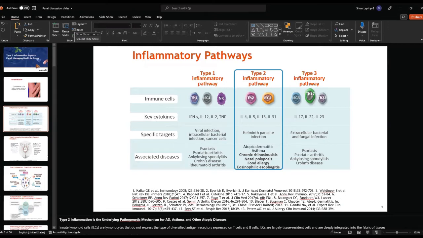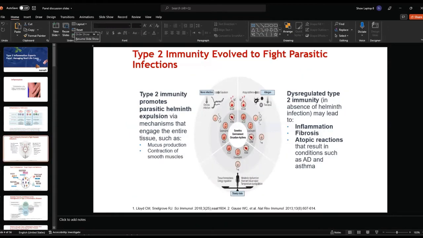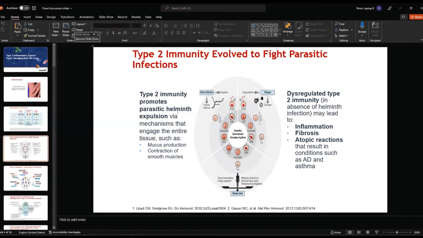Now, type 2 inflammation actually was developed to fight parasitic infections. This pathway uses different mechanisms to get rid of the helminthic infections. They induce increased mucus production and contraction of small cells to expel the parasite.